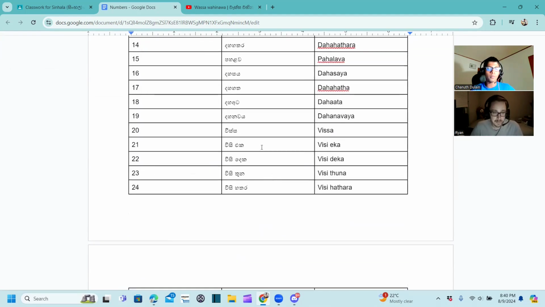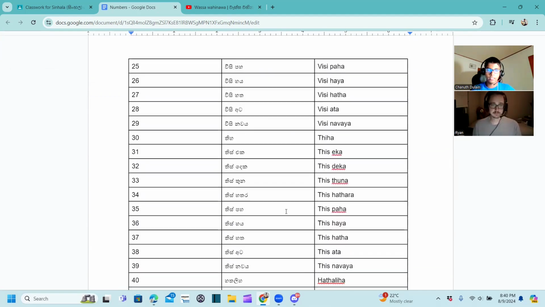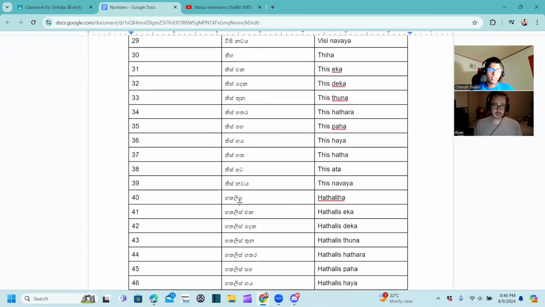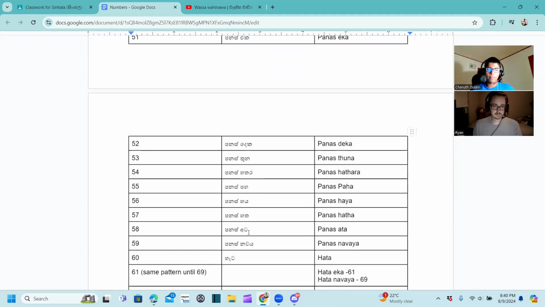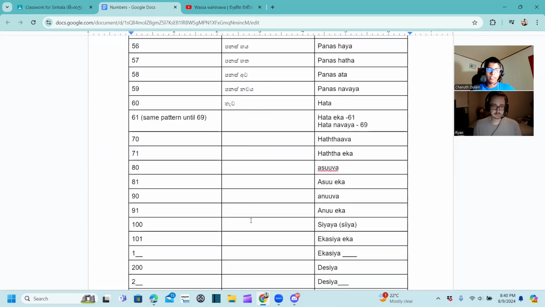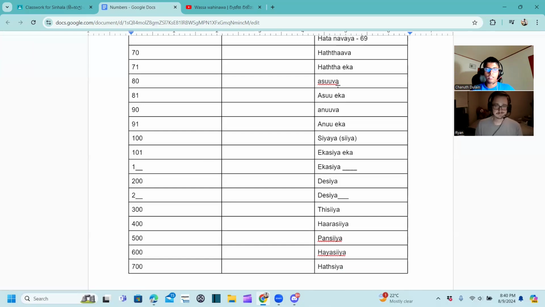So we have "Visa," and it's the same pattern. We have Visa, Tiha, Hataliha for 40, Panaha 50, Hatta, and then Hattava, Asua, and Anua.